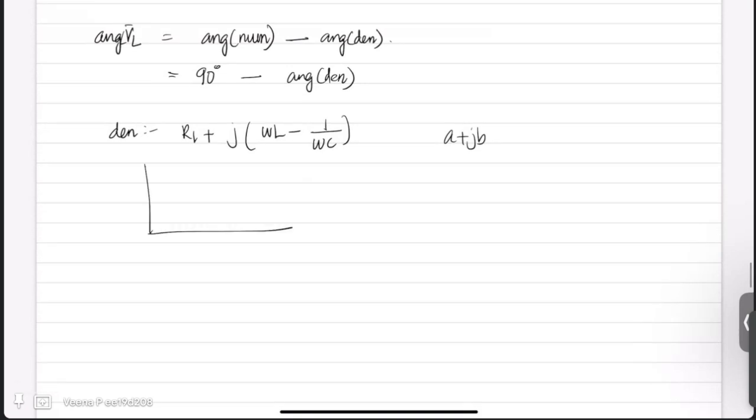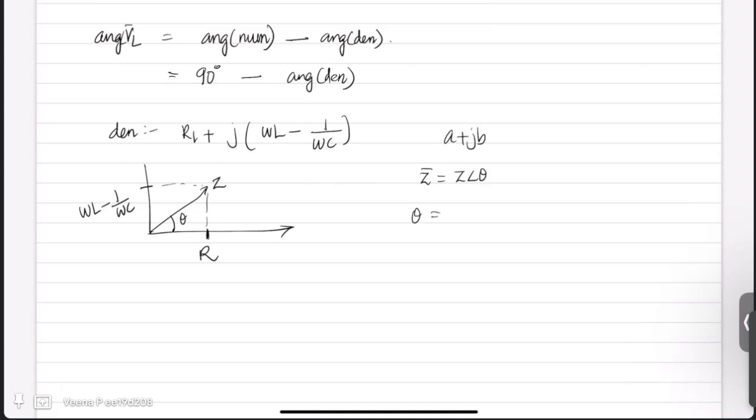So you have the real part R and the imaginary part omega L minus 1 by omega C. We are assuming that it is an inductive dominant circuit. So your Z lies here. Now this angle is your angle of Z because R is along the reference axis. So Z will be magnitude of Z angle theta.